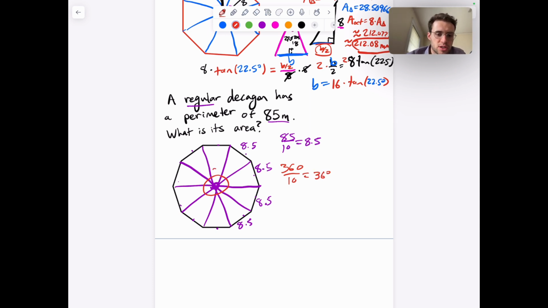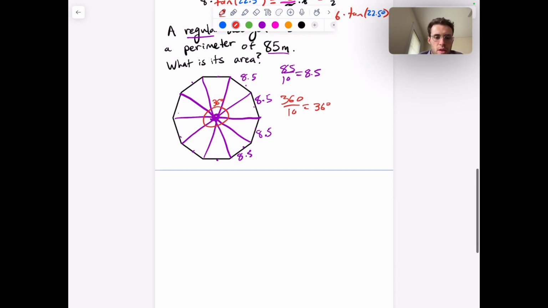If we redraw any of these triangles, it would be 36 degrees up here. And we said that the base down here is 8.5. If we drop an altitude down, it cuts that 8.5 in half. Half of 8.5 would give us 4.25. And it cuts that 36 degrees in half. Half of 36 would be 18 degrees. All right, so we have a right triangle.